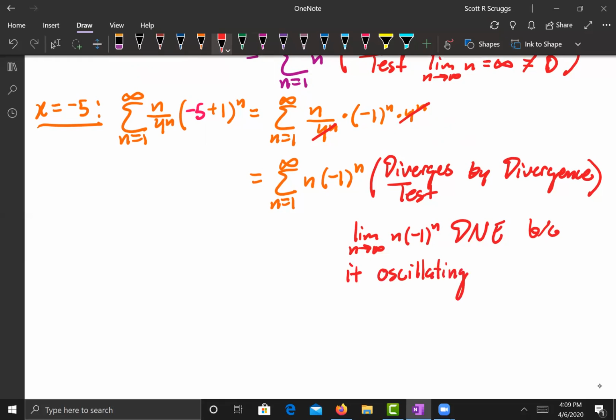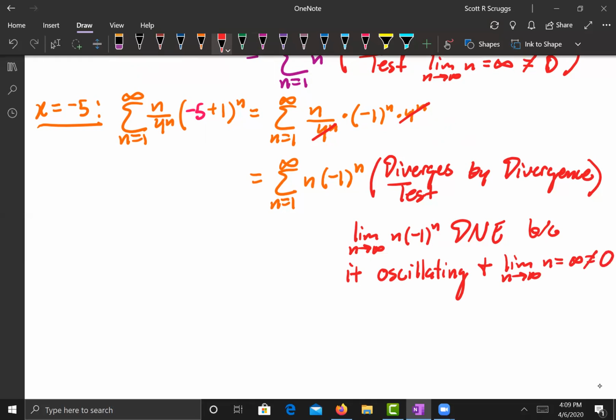The reason why I know it's oscillating is because of the negative 1 to the nth power. And the limit as n goes to infinity of n is infinity, which does not equal 0.